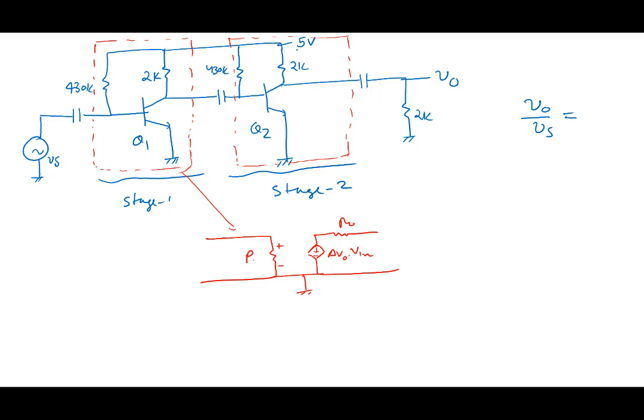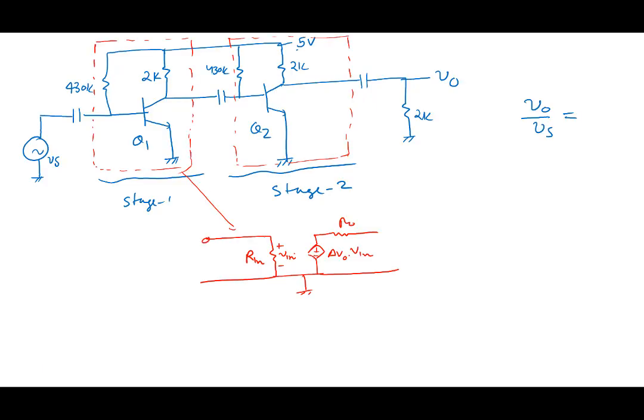This is R in, and this is V in. Each one of these blocks is like this, and we have the value of Rn. We calculated Rn is 2.6K, R0 is 1K or 2K, and AV0 open circuit voltage gain was minus 38. So each one of these blocks is known. That's why we calculate AV0, Rn, R0, because once we calculate, we can use this in many places.